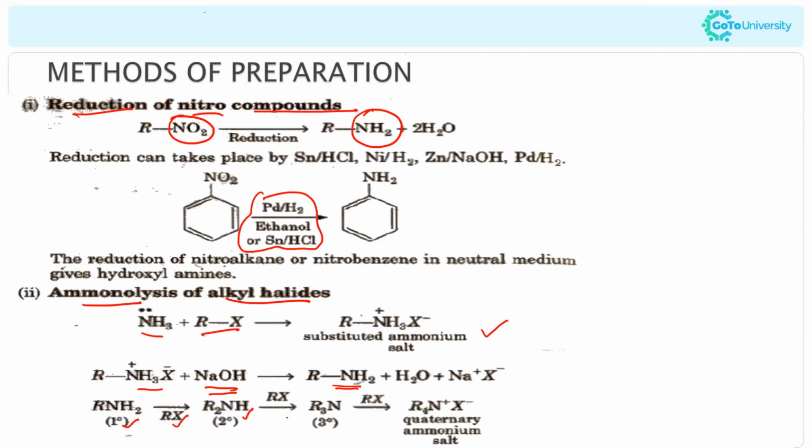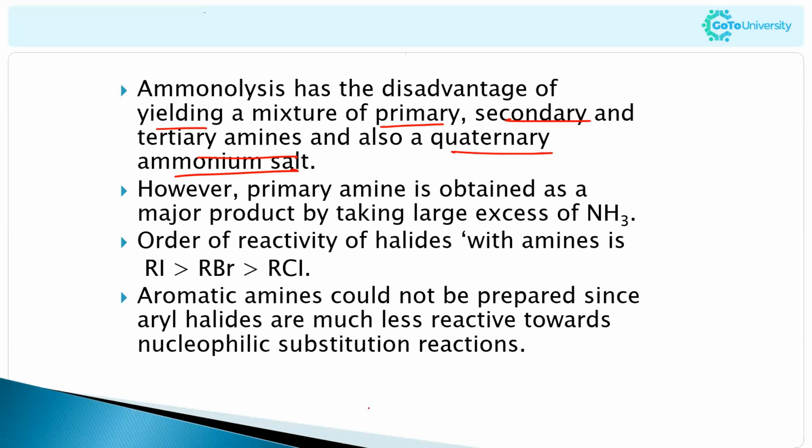The secondary again reacts with more alkyl halide and produces tertiary. So there is a possibility of getting a mixture of primary, secondary, tertiary and quaternary ammonium salts. But primary amine is obtained as the major product by taking a large excess of ammonia.